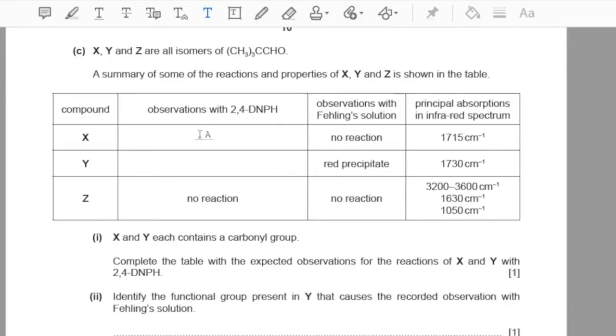Fehling's solution turns red from blue if an aldehyde is present in a solution. Over here they say that X and Y each contain a carbonyl group, which means that a positive result will be shown when X and Y are both added to 2,4-DNPH. So an orange precipitate will be seen when both X and Y are added to 2,4-DNPH.